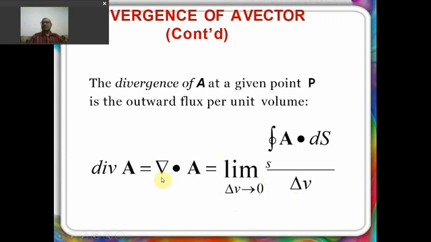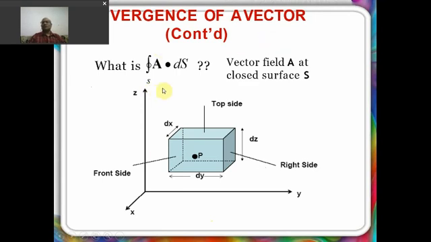It is given by del dot A. This A is the vector field, and the del operator is again a vector, but you can see the dot product, so the divergence of A will give you a scalar result, right? So that is the divergence of a vector field. What is A dot dS? I have already discussed that A dot dS is the flux.